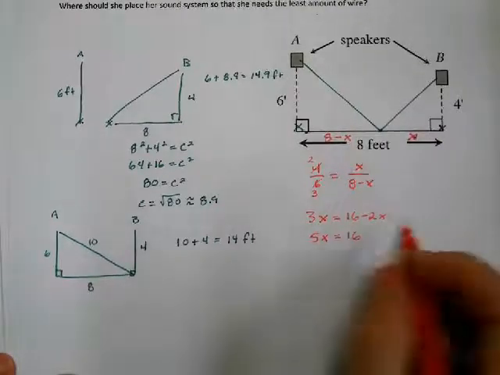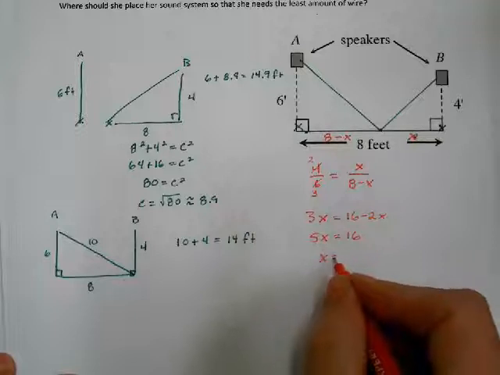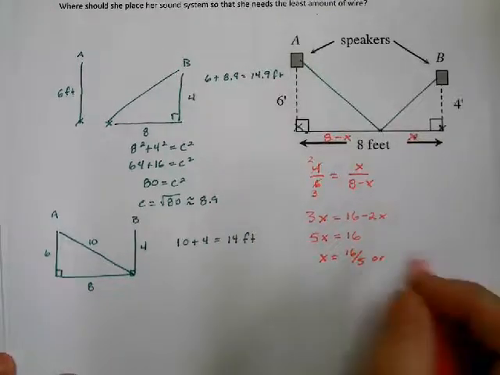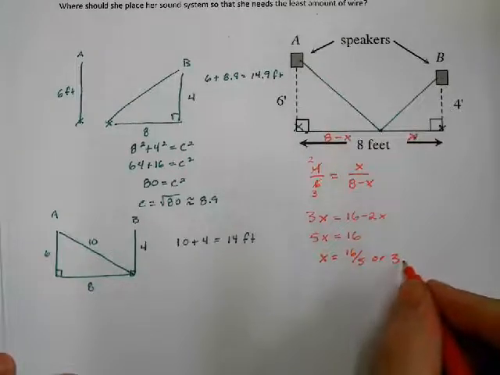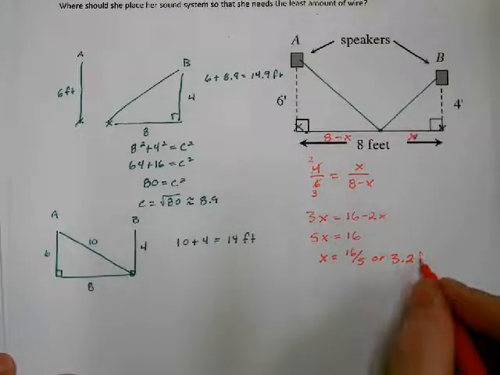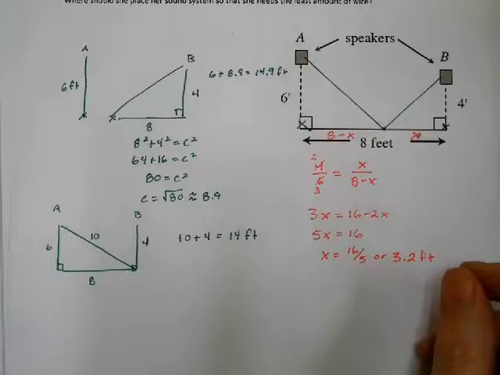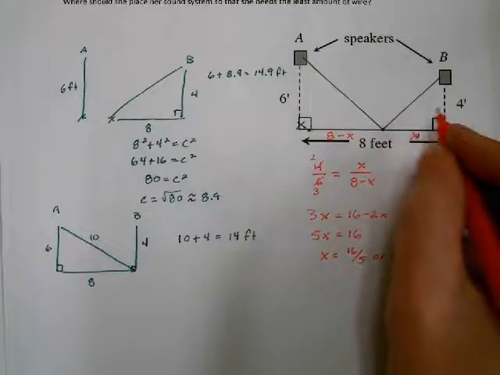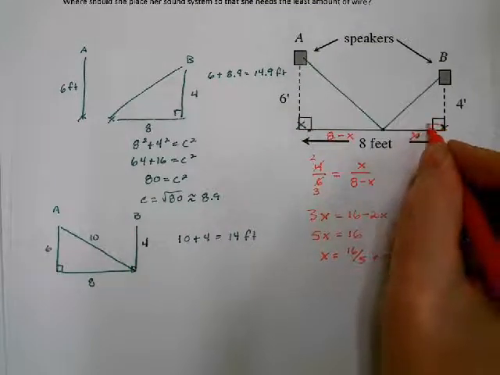Divide by 5 and we get 16/5. Or that would be 3.2 feet. So our best placement would be when this is 3.2 feet this direction.